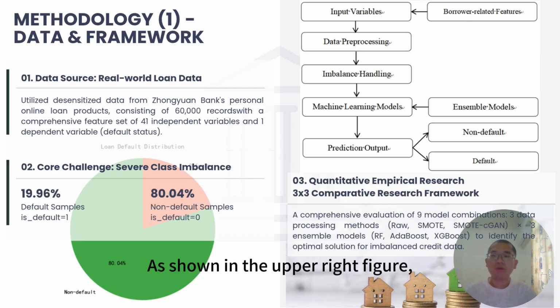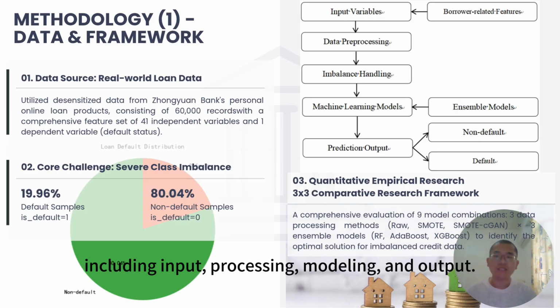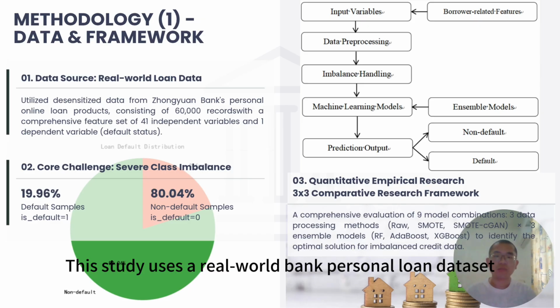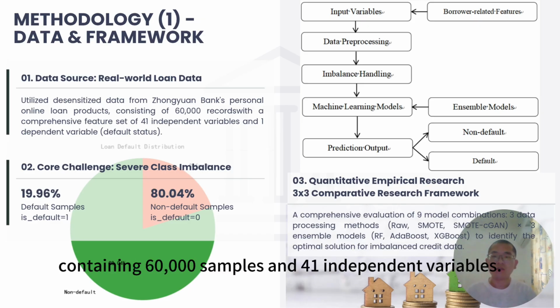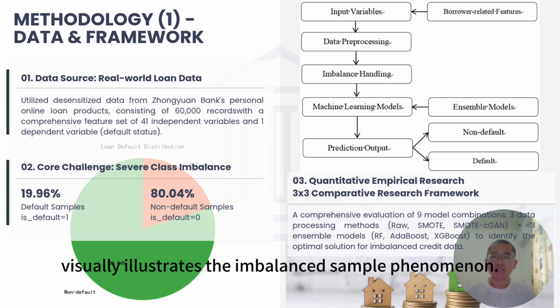As shown in the upper right figure, this study employs a general machine learning workflow, including input, processing, modeling, and output. This study used a real-world bank personal loan dataset containing 60,000 samples and 41 independent variables. This pie chart visually illustrates the imbalanced sample phenomena.